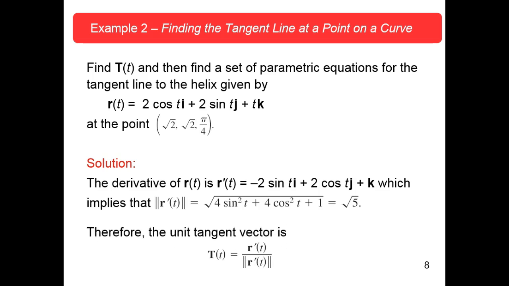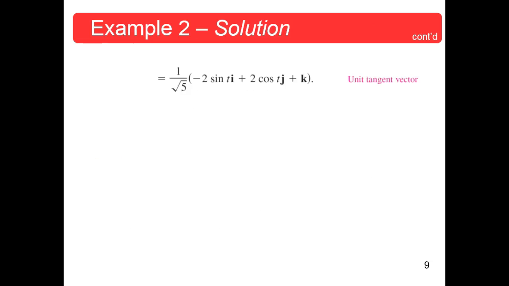Therefore, the unit tangent vector is 1 over root 5 times minus sine t i plus 2 cosine t j plus k. Okay.